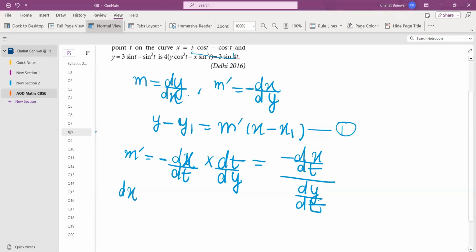Let's find dx by dt first. Minus 3 sin t plus 3 cos squared t sin t.